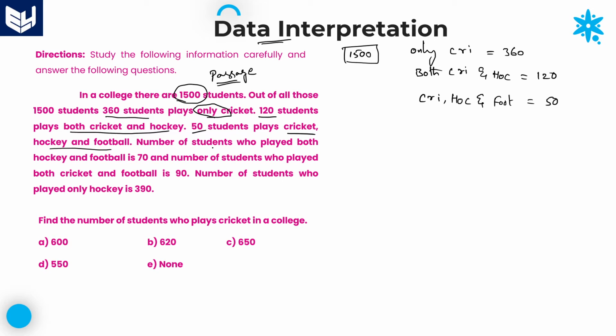And next, the number of students who play both hockey and football is 70. The number of students who are playing both cricket and football is 90.